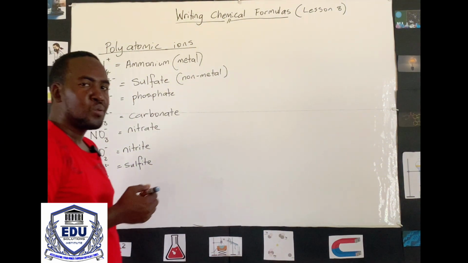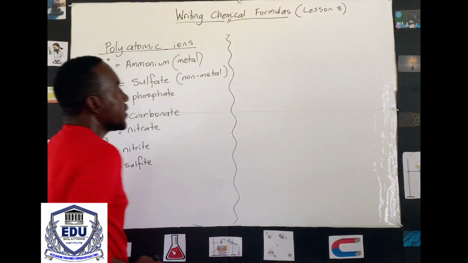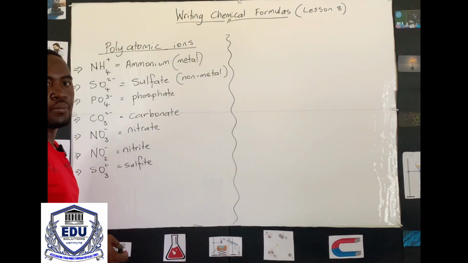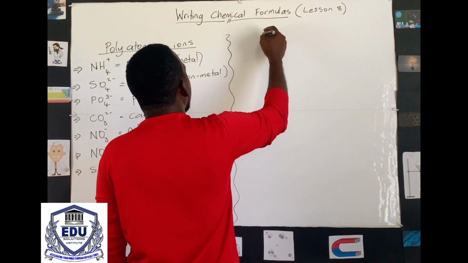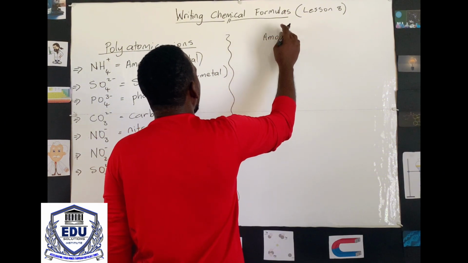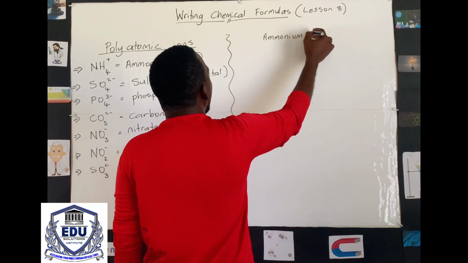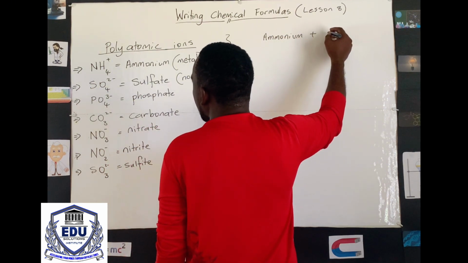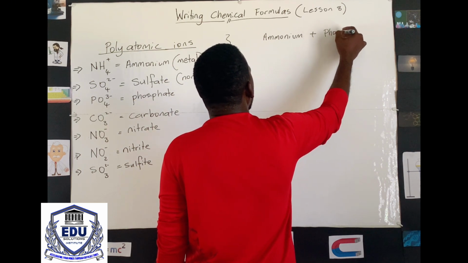So let's do one example to show how we use these ions to form compounds. So we're going to use 2 of them. So let's use ammonium and let's use phosphate.